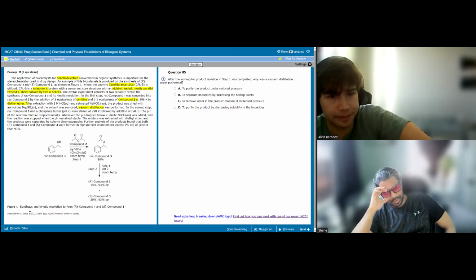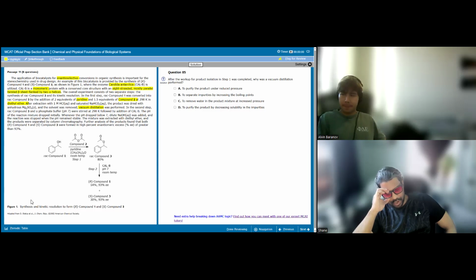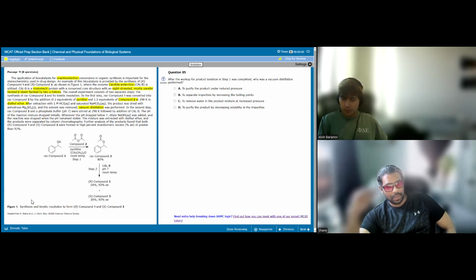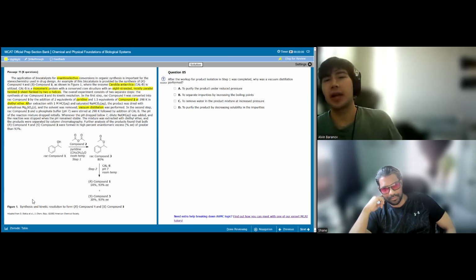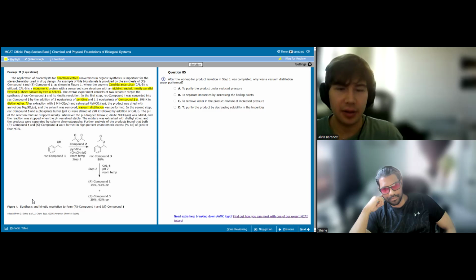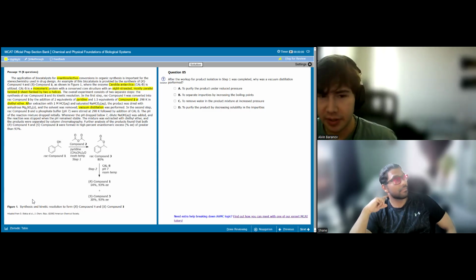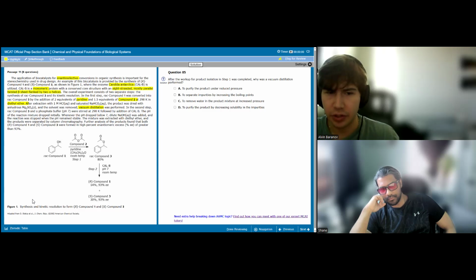Okay. So you should know the differences between the separation techniques. For instance, tell me about distillation. Distillation uses boiling points to its advantage, I guess.